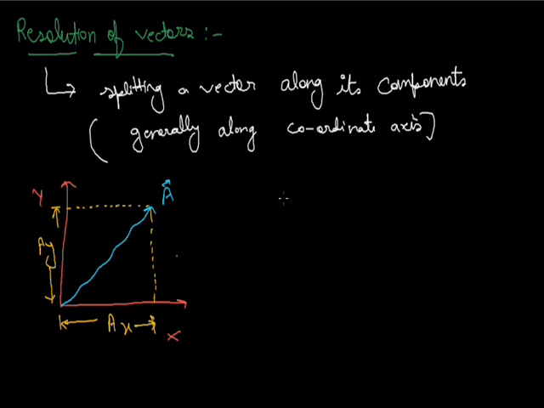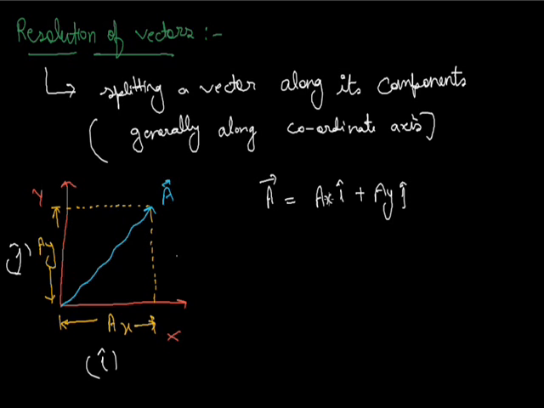Now we can write this vector A is the Ax component. Ax is along the x direction. That means we have here the unit vector i and here the unit vector j. So we can write vector A is Ax i cap plus Ay j cap.